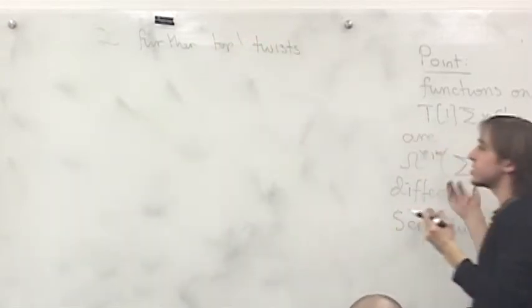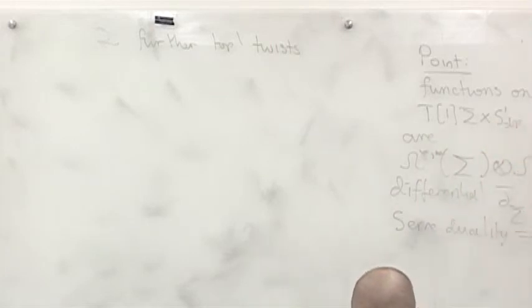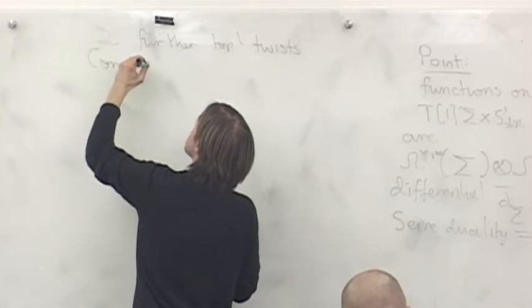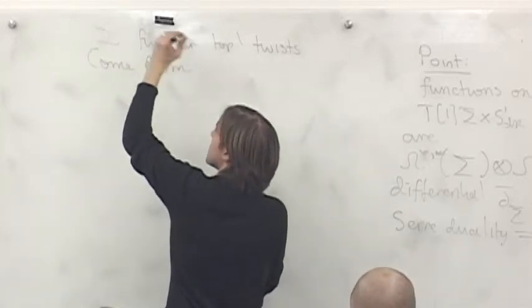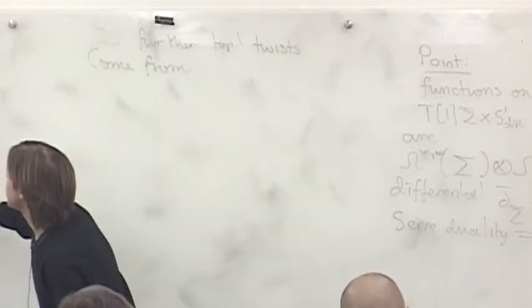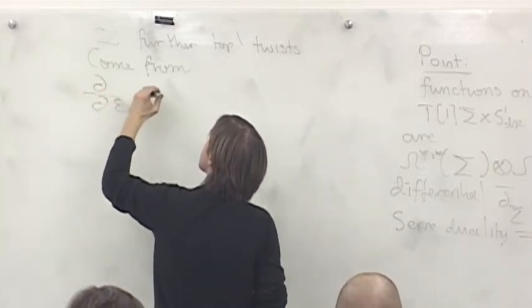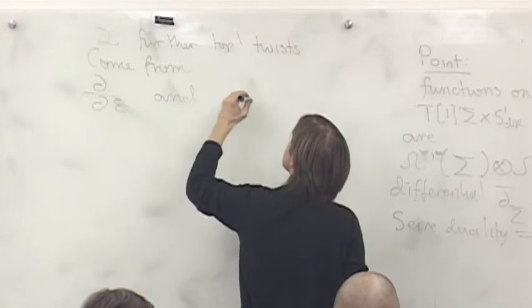Well, these original supercharges I had, some of them, the ones which commute with the supercharge I chose to twist by, will descend to this twisted theory. These come from very simple vector fields: d by d epsilon and epsilon d by dz.